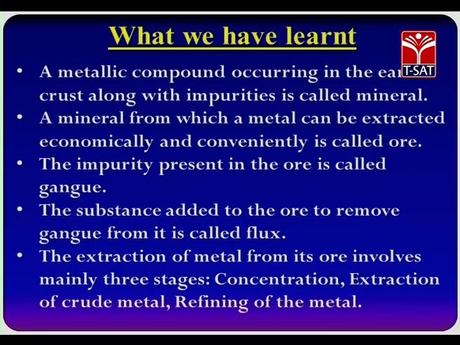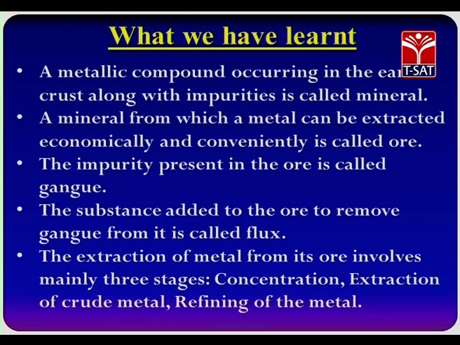Children, let us recall what we have learnt in this lesson. A metallic compound occurring in the earth crust along with the impurities is called a mineral. A mineral from which a metal can be extracted economically and conveniently is called an ore. And what are the impurities present in the ore called, children? They are called gangue.